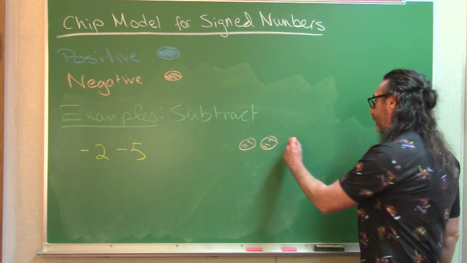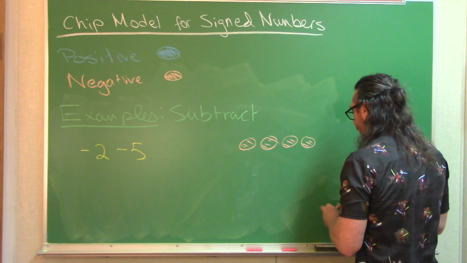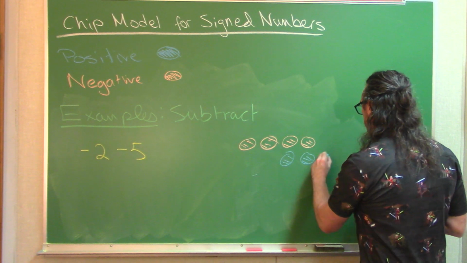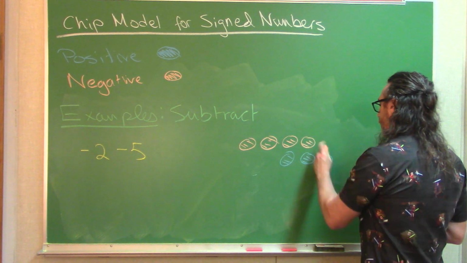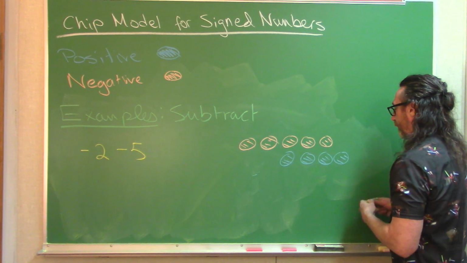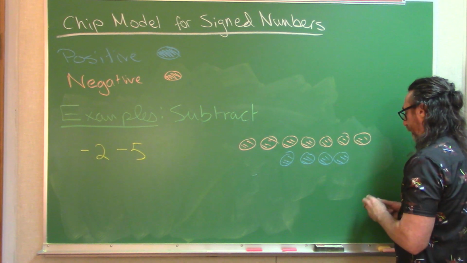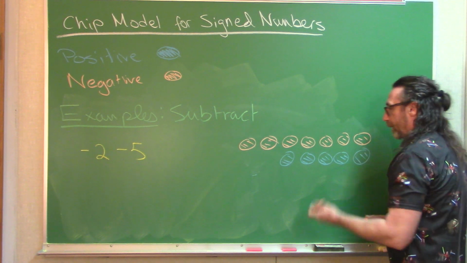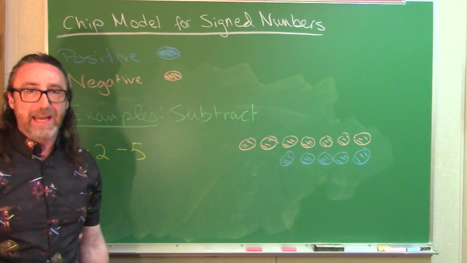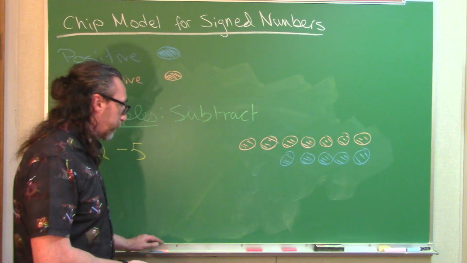Well, I can't do that with this model right now, but I can do it if I change the way I am representing -2. Namely, if I represent -2 in this way. If I represent -2 in such a way that I can take away 5 positive chips, we'll see what happens.